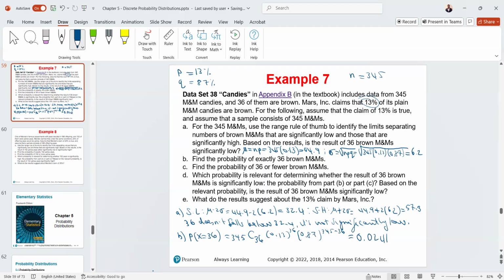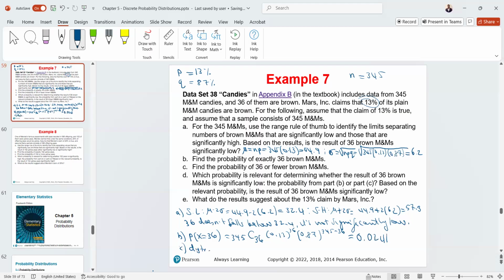0.0241. Now, for C, find the probability of, oh my God, all right? To do this one, you definitely need a calculator because it says 36 or fewer. That means you need to go 36, 35, 34. So it's better you use the calculator where you do distributions.